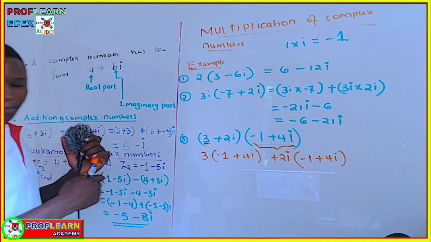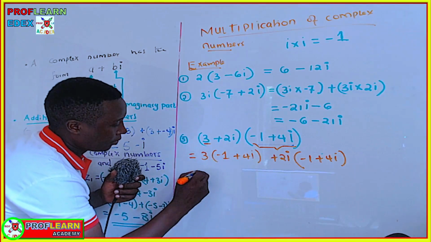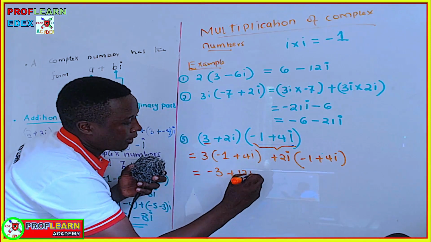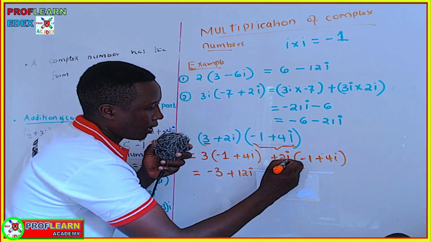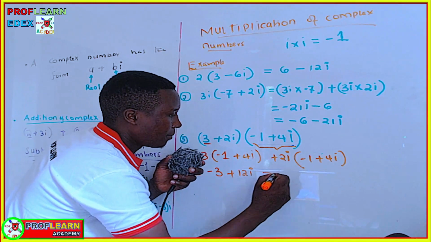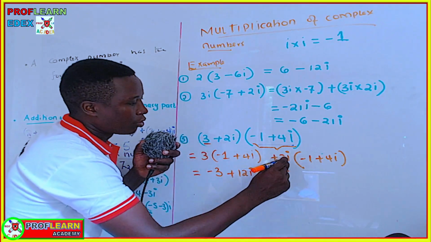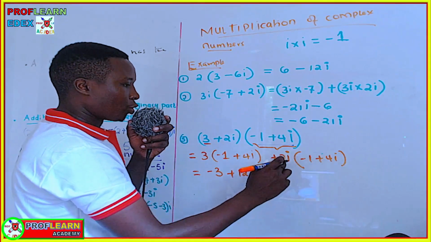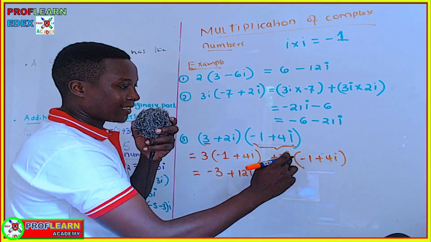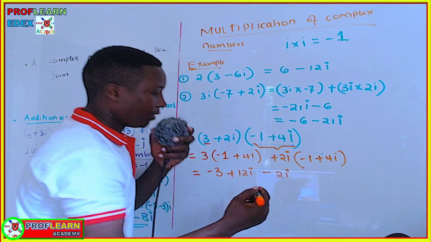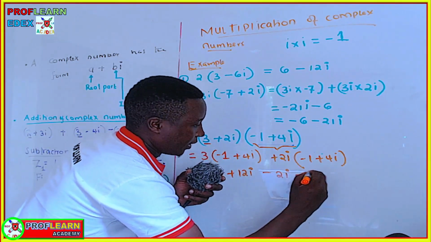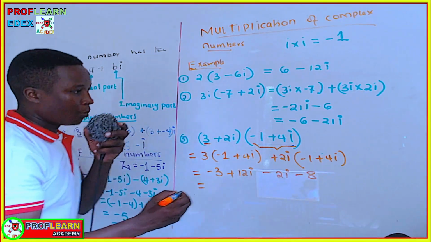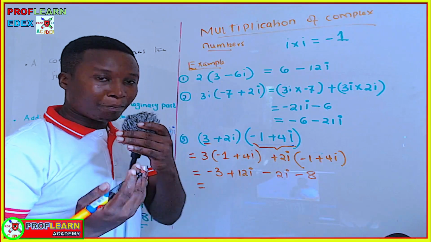So if we work this out, it will be minus 3 plus 12i, then 2i times negative 1 is minus 2i, and 2i times 4i, that's 2 times 4 giving us 8, but i times i gives us negative 1, so we have negative 8 in that particular part. We can now put the real part and the imaginary part together.